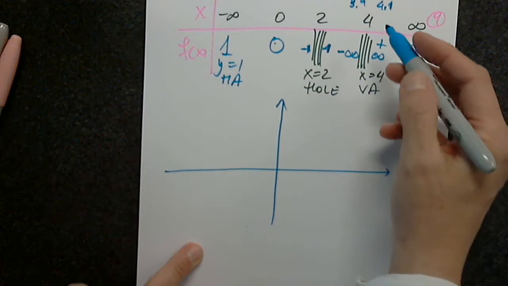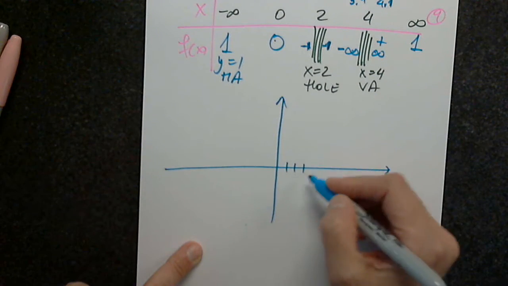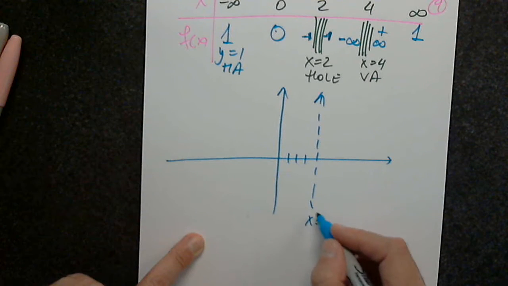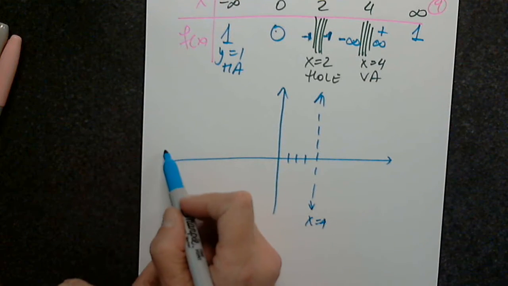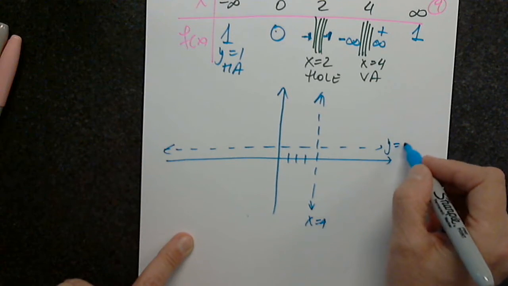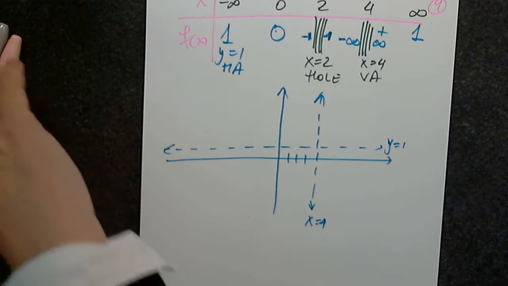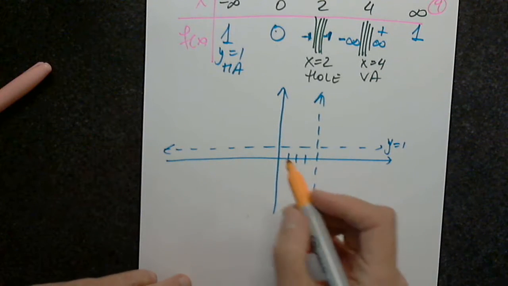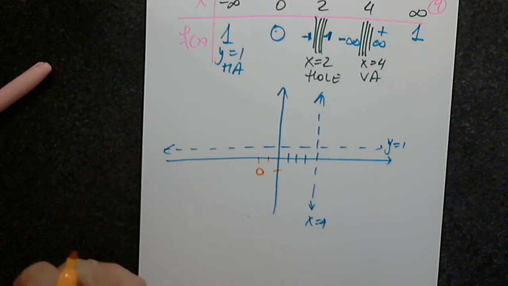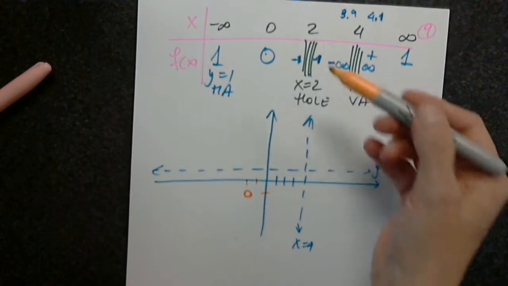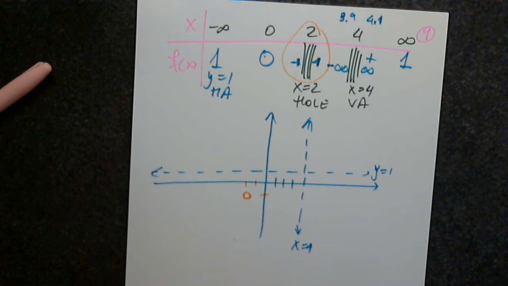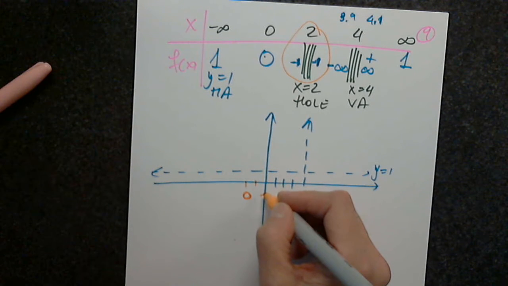So first we have to graph the vertical asymptote at 4, and a horizontal asymptote at 1. I have to plot 2 comma negative 1 like this. This is 2 comma negative 1. I have to plot 0, 0.